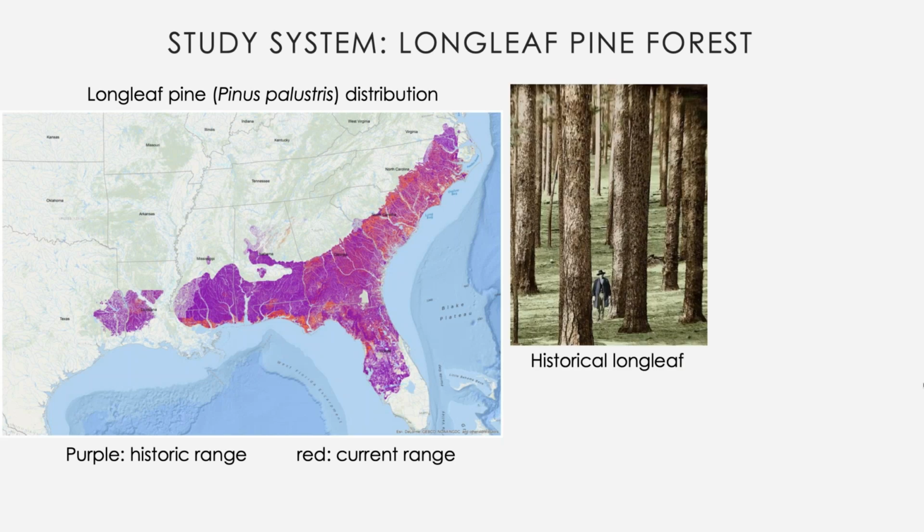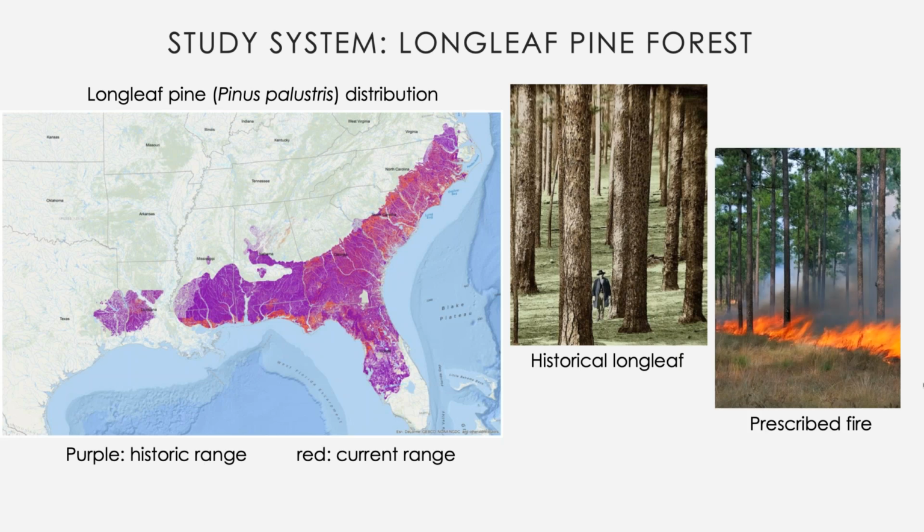Historically, we had these very open woodlands that were primarily maintained by wildfires that returned on a 3 to 5 year interval, and now we maintain these systems in terms of species distribution and diversity using prescribed fire.